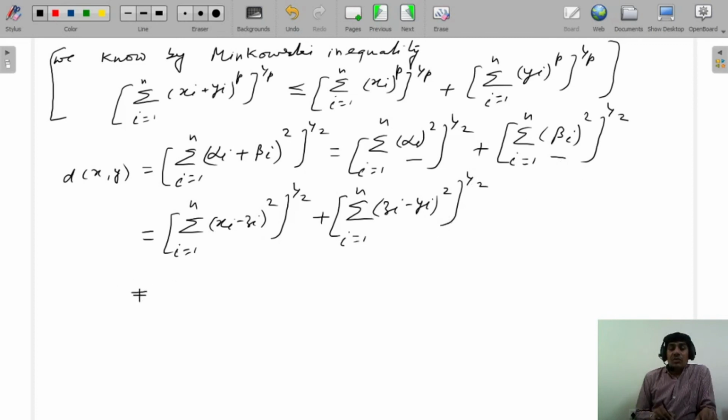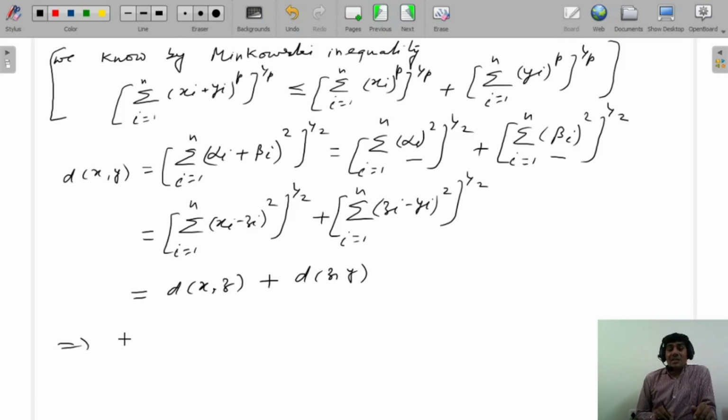Now we have to use the definition of d. We get the summation of (xi minus zi) squared, raised to power 1 by 2, becomes dxz, plus the summation of (zi minus yi) squared, raised to power 1 by 2, becomes dzy.